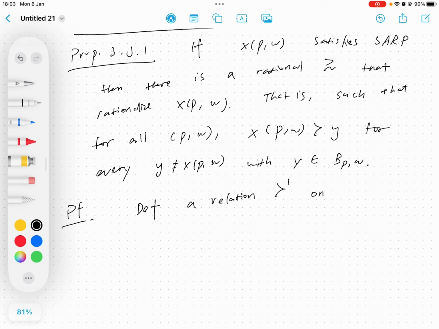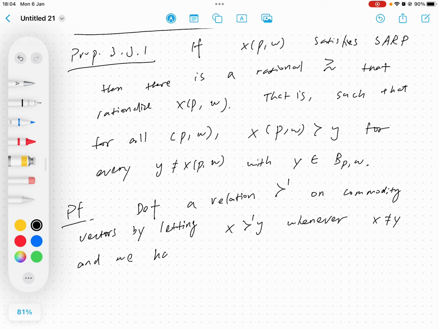That's a binary relation on the commodity vectors where we let X be preferred or better than Y whenever X and Y are not the same, and we have X to be the wealth demand and Y satisfies the budget for some price and wealth.